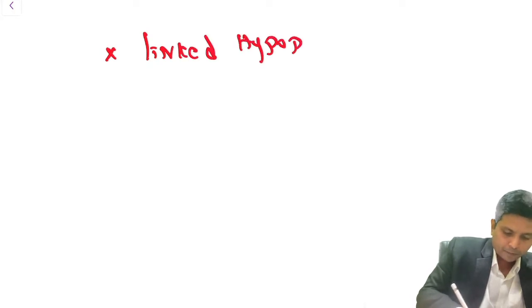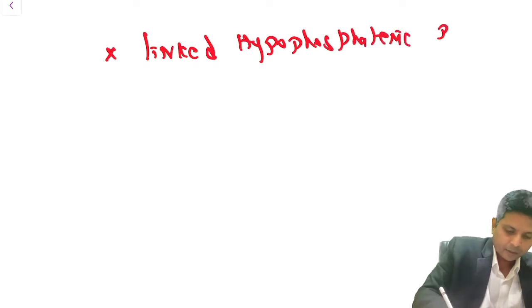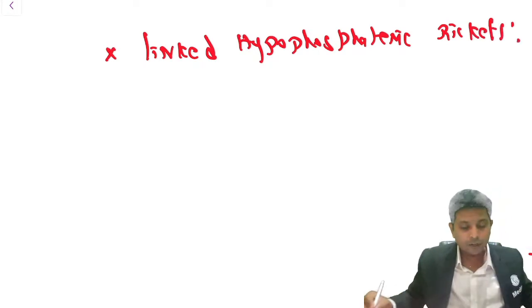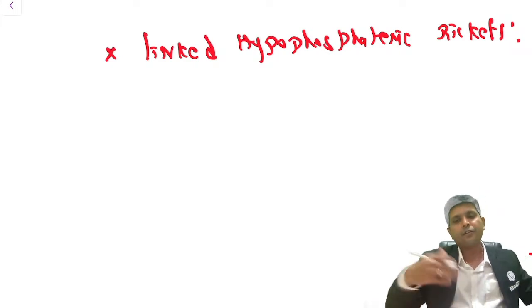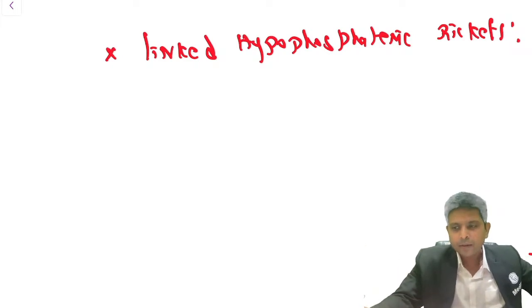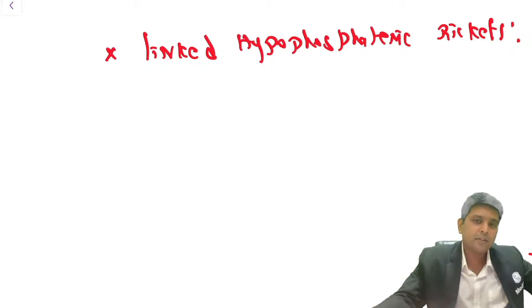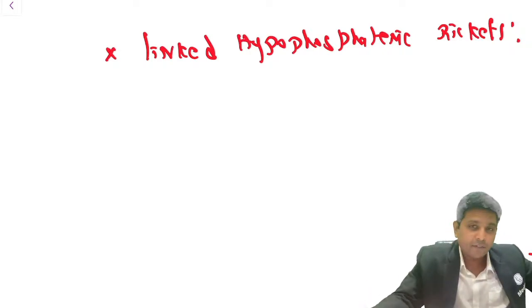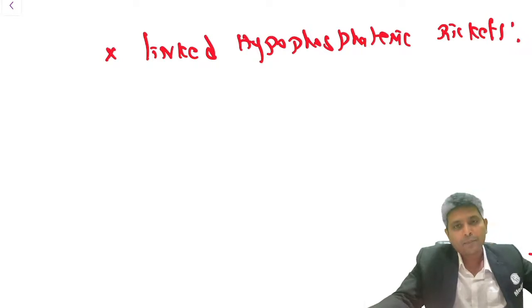And finally, what is called X-linked hypophosphatemic rickets? Remember, in nutritional rickets, there is low 25-OH-D3 with elevated parathyroid hormone; in VDDR type 1, low 1,25-dihydroxy D3 with elevated parathyroid hormone; in type 2, high 1,25-OH-D3 with elevated parathyroid hormone.